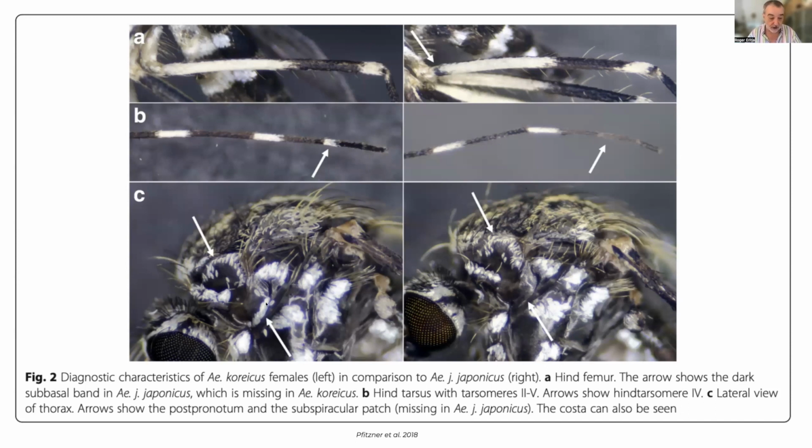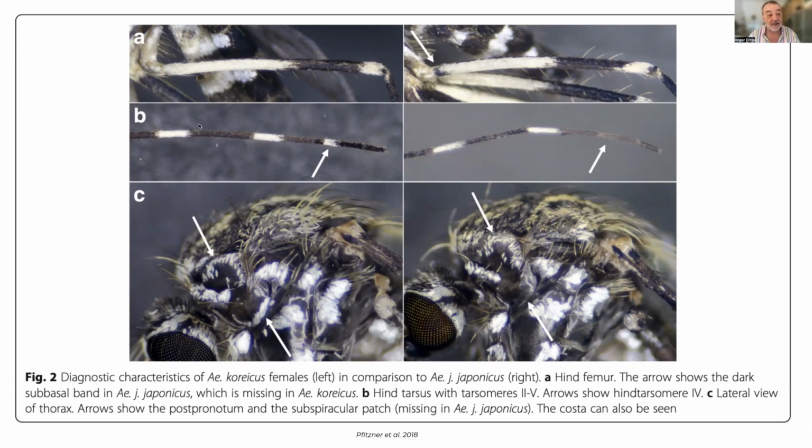In koreicus you have this white patch of scales in the metameron, and here it isn't. You don't have it in japonicus. Additionally, there are some differences in the prespiracular area, which are not even seen in this picture, honestly. And then japonicus has a very narrow, dark ring at the base of the femur, which is not visible in any picture by any chance.